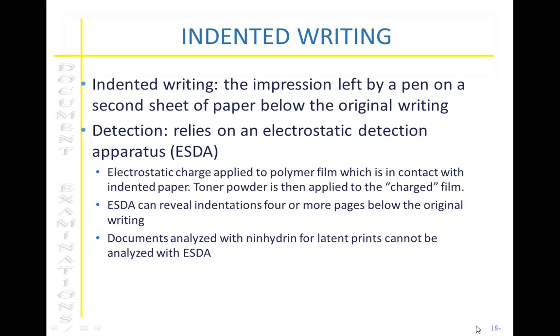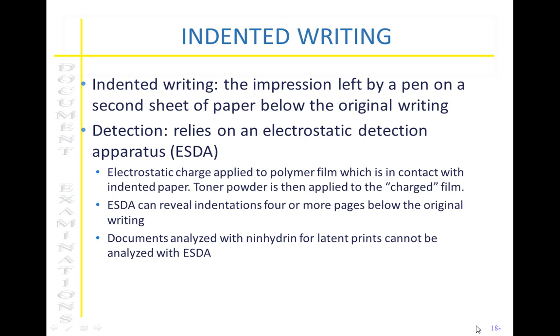And then toner powder can be applied to this, which will help reveal the indentions in that paper. At times, indentions can be revealed from pages about 4 or more below the original writing, depending on how much pressure had been used when creating that document.